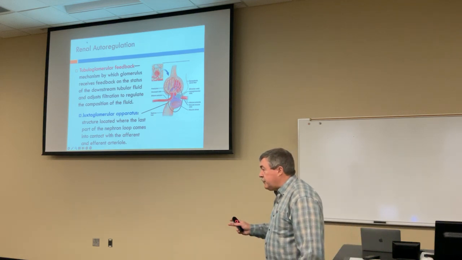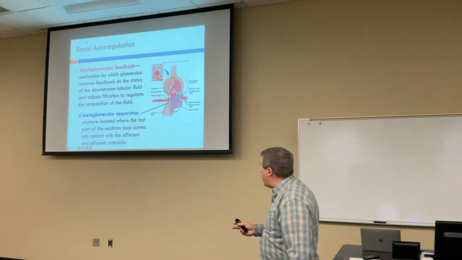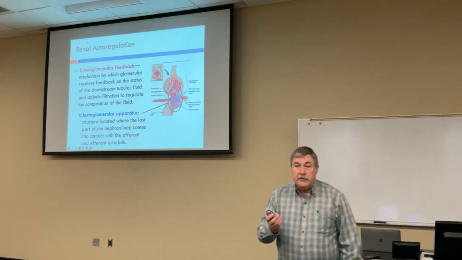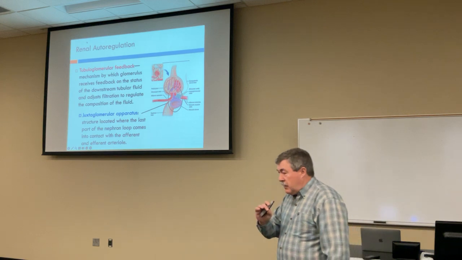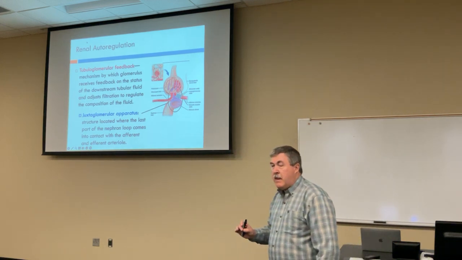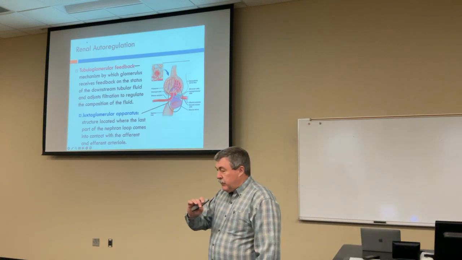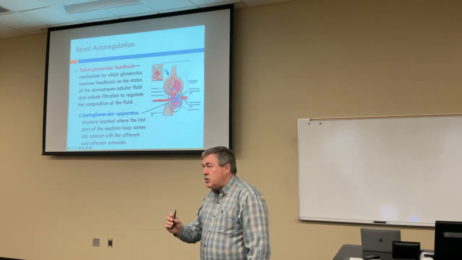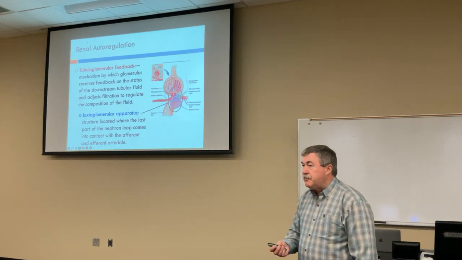Okay, if the flow rate of fluid increases because of an increase in glomerular filtration rate, then there's going to be more sodium in the filtrate. And the reason for that, and this is critical to understanding this, is if the filtrate is flowing through the nephron faster, then there's not as much time for the proximal convoluted tubule to reabsorb sodium.